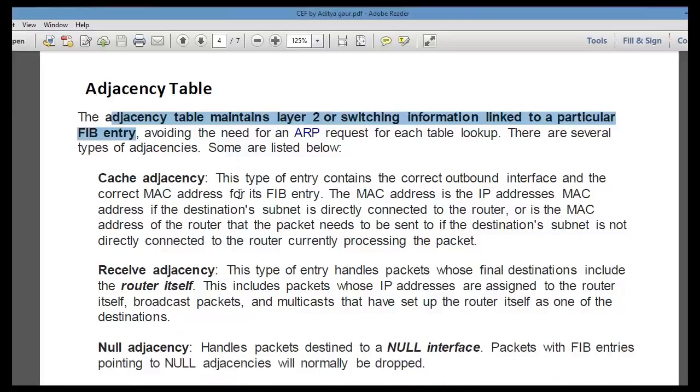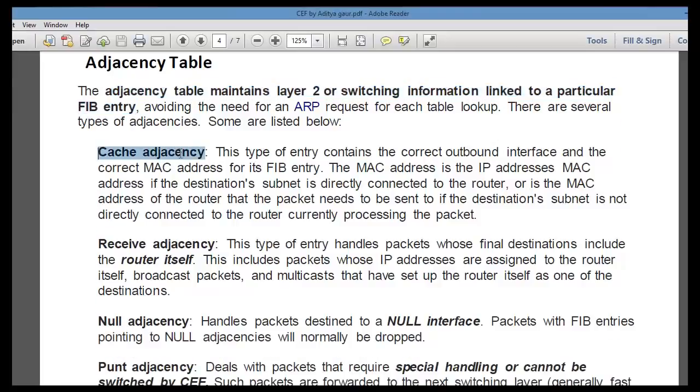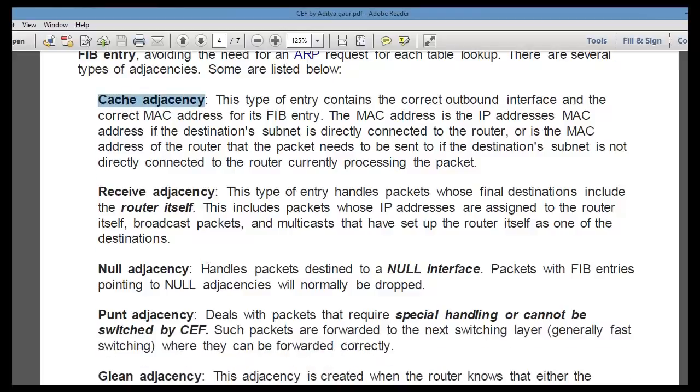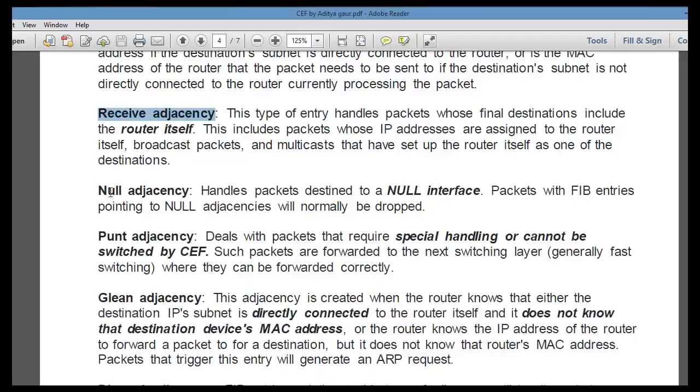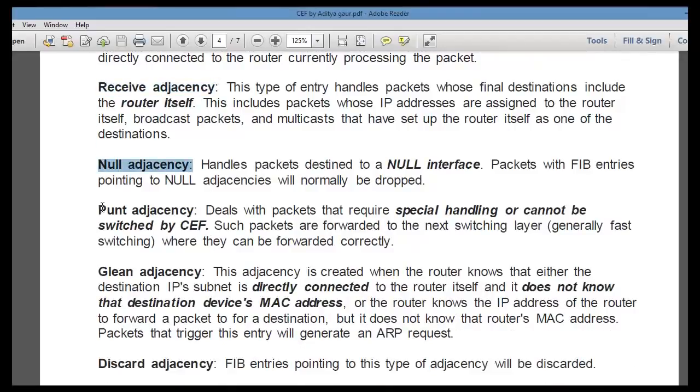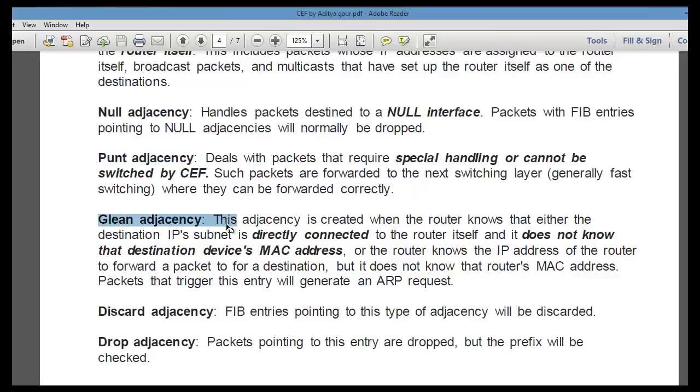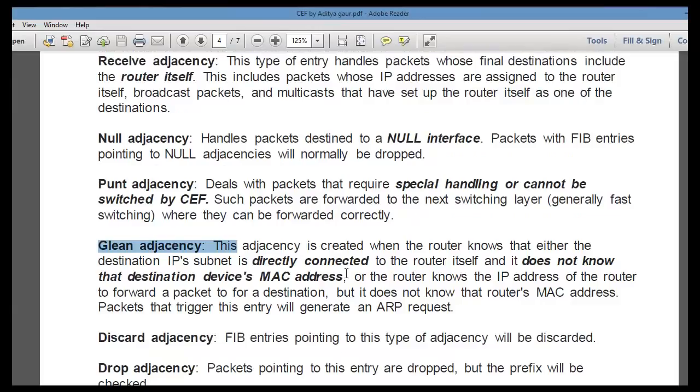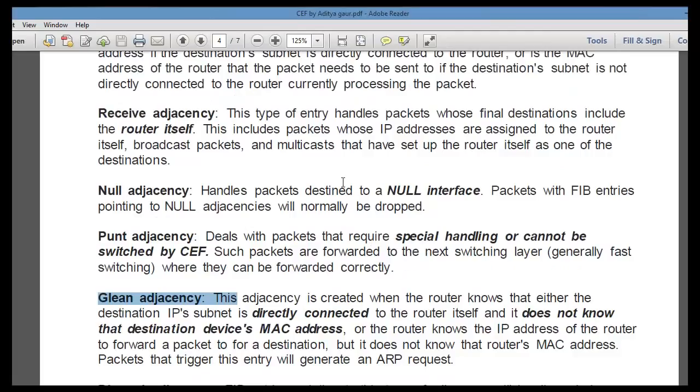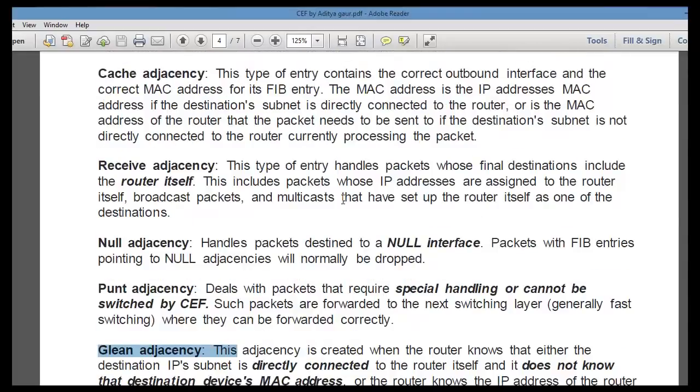So your router also creates an adjacency table so that it knows the layer 2 information: cache adjacency, reverse adjacency, null adjacency, punt adjacency, glean adjacency, and so on. I have described all these in the documents. Please go ahead and download them. That's why I am emphasizing it again and again. This is a very good document as per my effort.